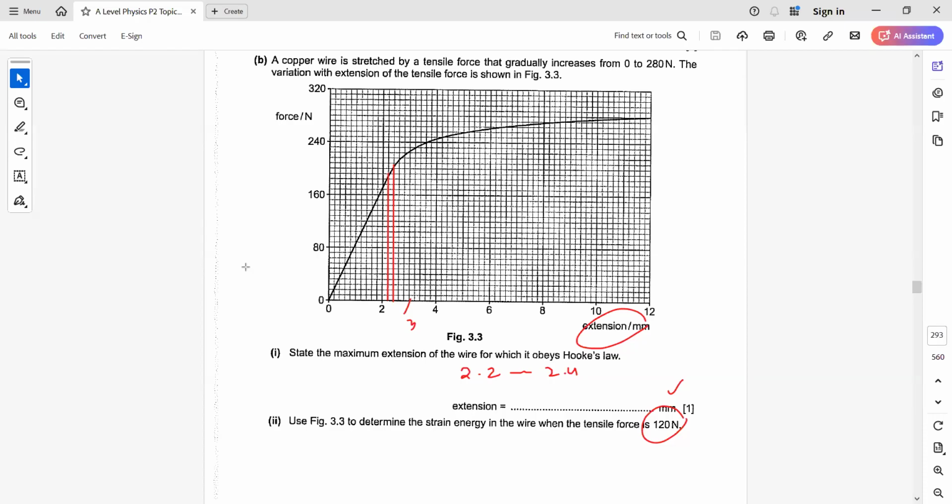Determine the strain energy in the wire when the tensile force is 120 newton. So 120 newton, okay. That's 80, that's 160. So 120 newton would be somewhere here. So 80, say 90, and 100, and that would be 170 here.